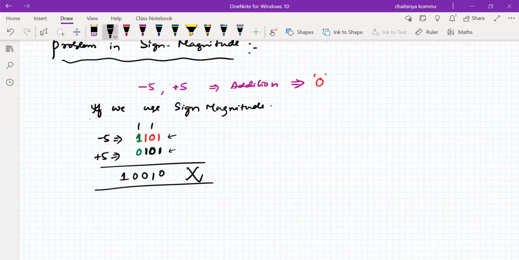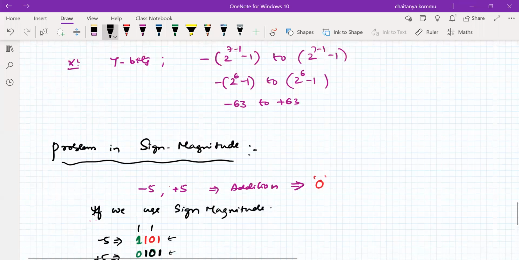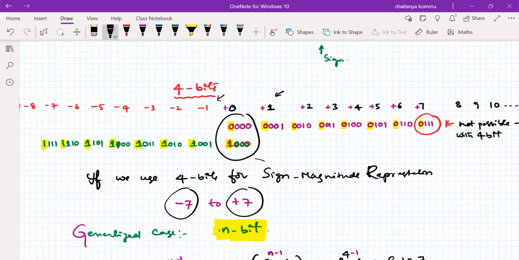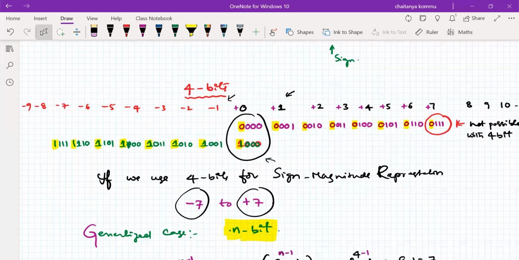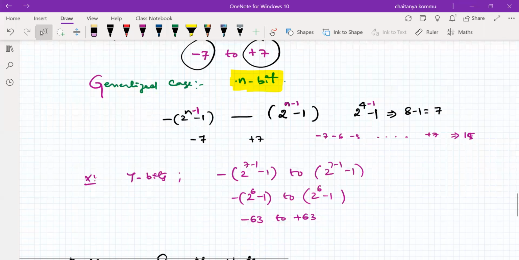So we have to go for another method by which the same representation is used for the same number. That we will look at in the next class. This 0 has got different meanings, so how do we rectify this problem by using complementation? We will see in the next class.